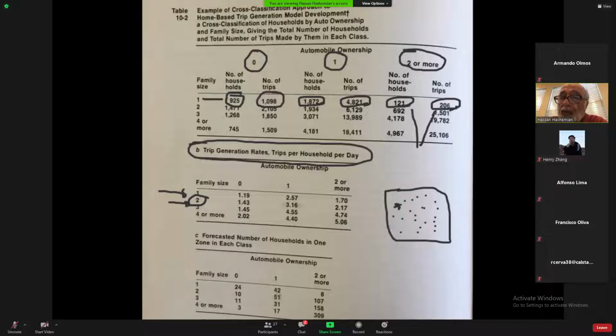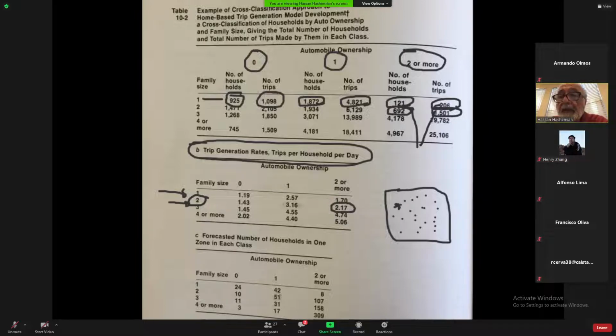But 2 or more cars is less. Again, that's another reason: if you look at the sample size compared to the other one, this sample size is small. 692 versus 1934. So that's why you have a different number. It could have been larger, but it is not.